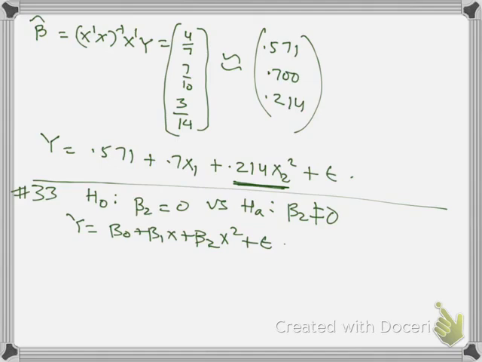So the hypothesis testing process is same. Your T is beta 2 hat minus expected value of beta 2 hat, which under the null hypothesis is 0, divided by the standard deviation of beta 2 hat, which is sigma times the square root of the coefficient.